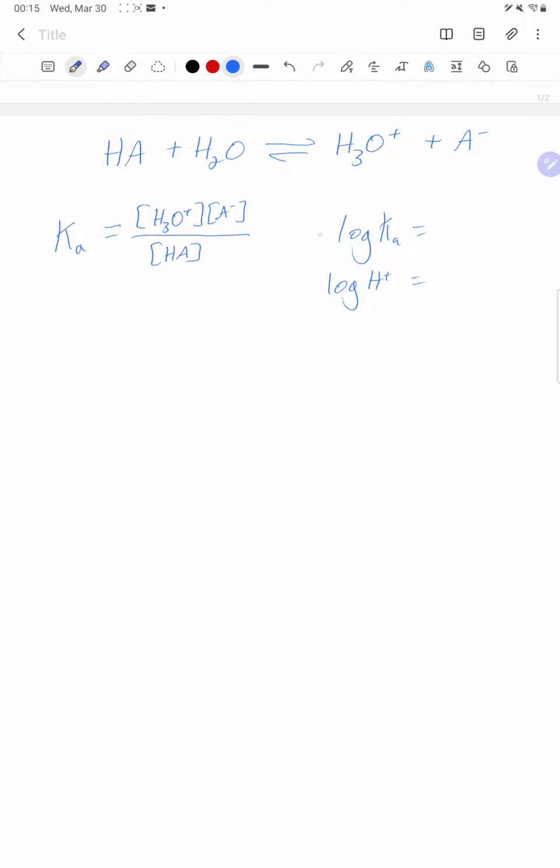So we have defined the negative log of Ka to be pKa, the negative log of H+ to be pH, and we can take this even further. The negative log of Kb is pKb, the negative log of OH is pOH. You can do the negative log of Kw, which is pKw. And we can keep going.